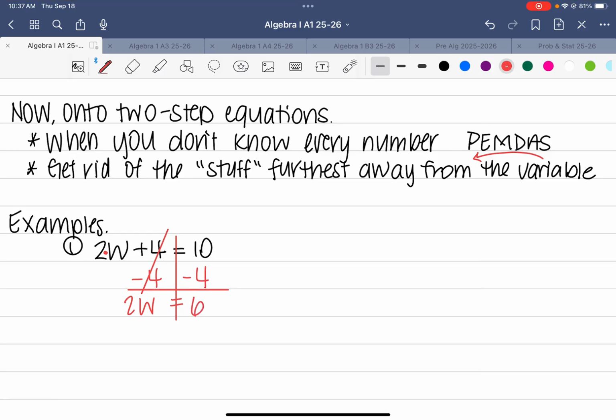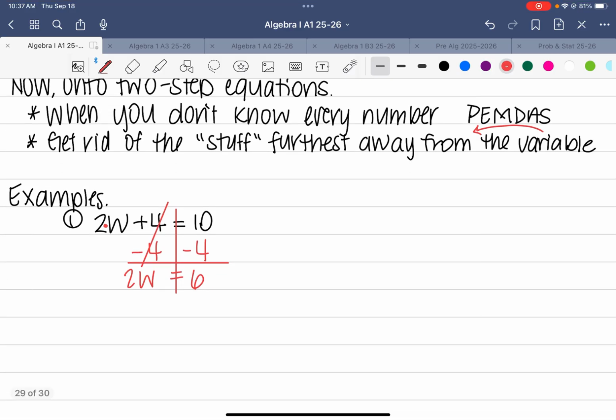It is 6. I still have my 2 connected to my w. Remember, we're multiplying. How do I get rid of multiplication? We're going to divide. So I'm going to have w equals 6 divided by 2 gives me 3. There's your first answer for a 2-step equation.